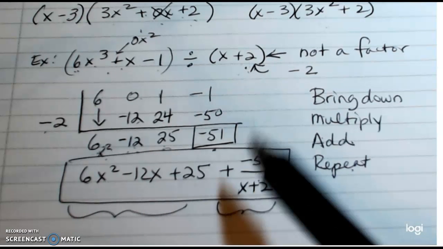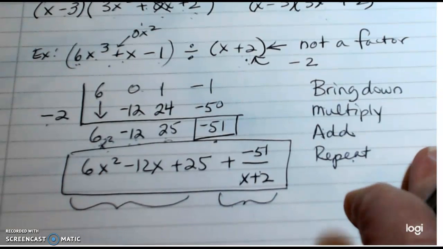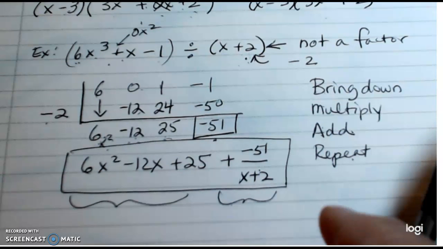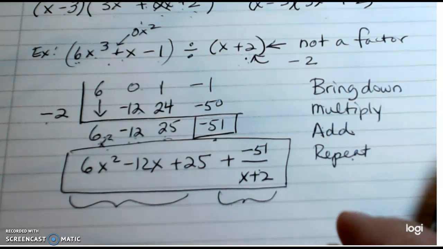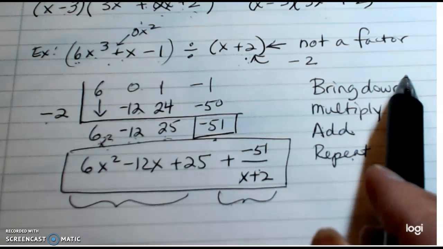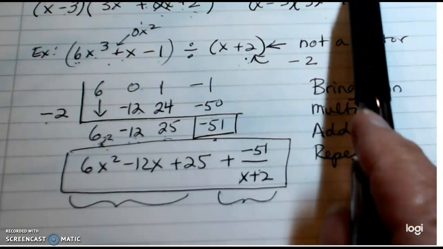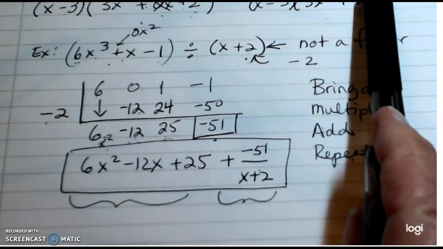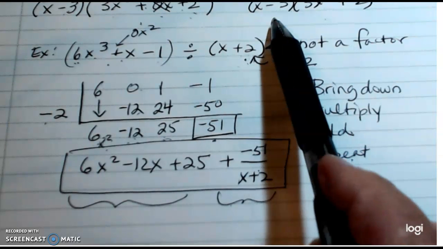And then there is another theorem that is called the, I'm trying to remember the name of that theorem. The factor theorem. The factor theorem says that if the remainder is 0, then the divisor is a factor.